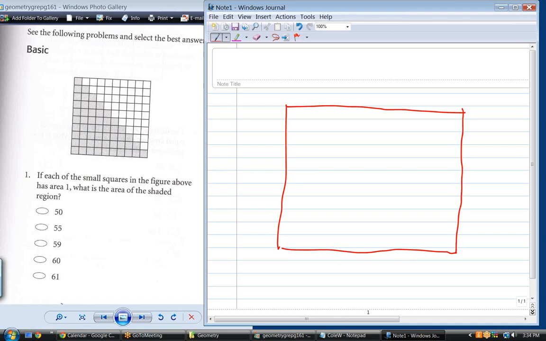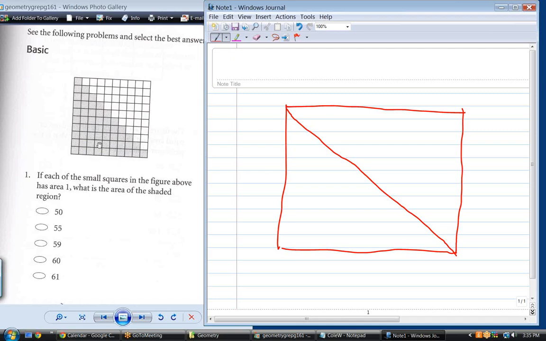Well, that would be kind of long and tedious. If I draw a diagonal to that square, which incidentally has 10 columns and 10 rows, how many squares are in there if it's got 10 columns and 10 rows? There's a total of 100.